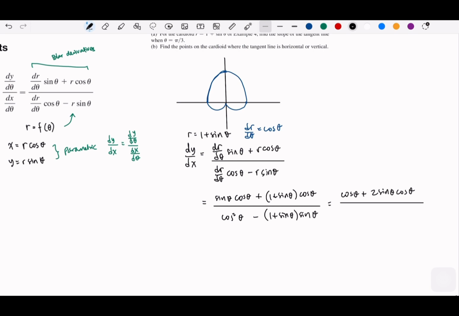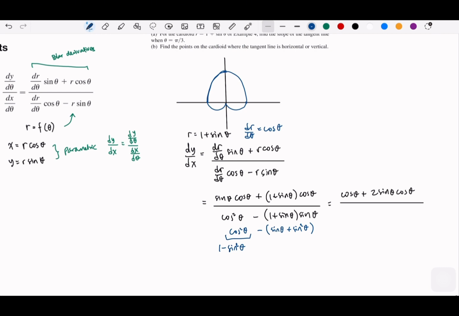And what we have here is sine theta plus sine squared theta. Now I can exchange the cosine squared to be 1 minus sine squared, so I will have all in sine.